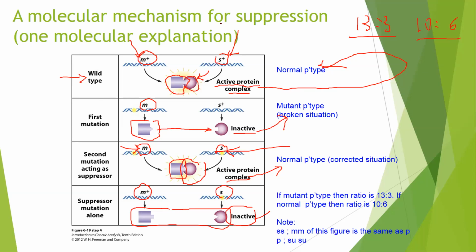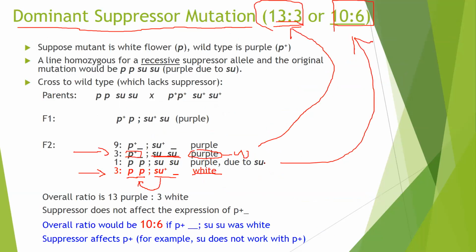How can a P plus be white? How can a P plus dash and the suppressor be white? Let me erase this first.